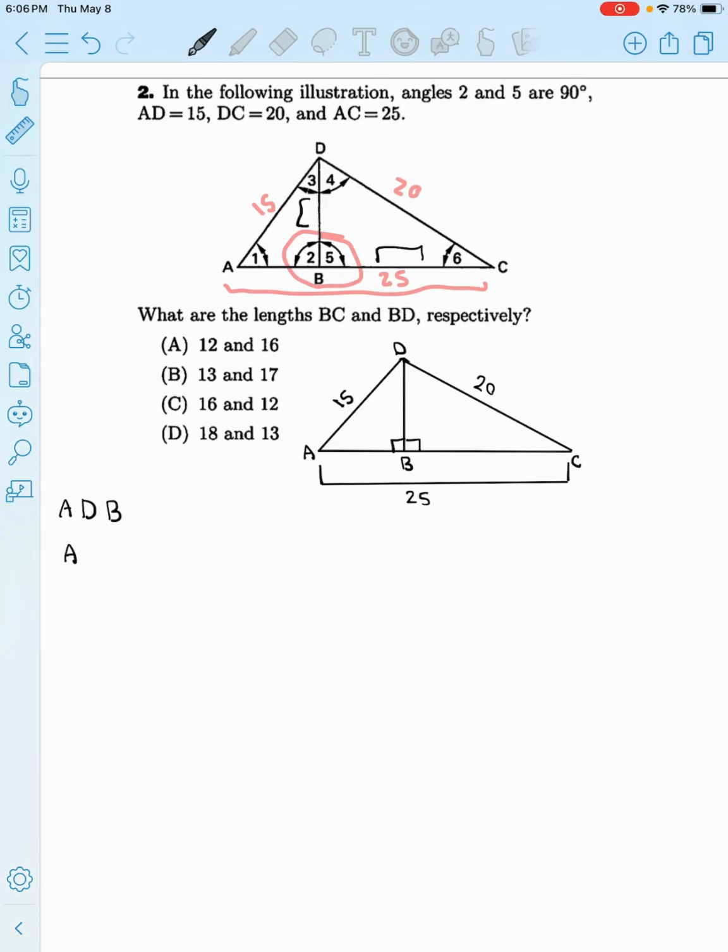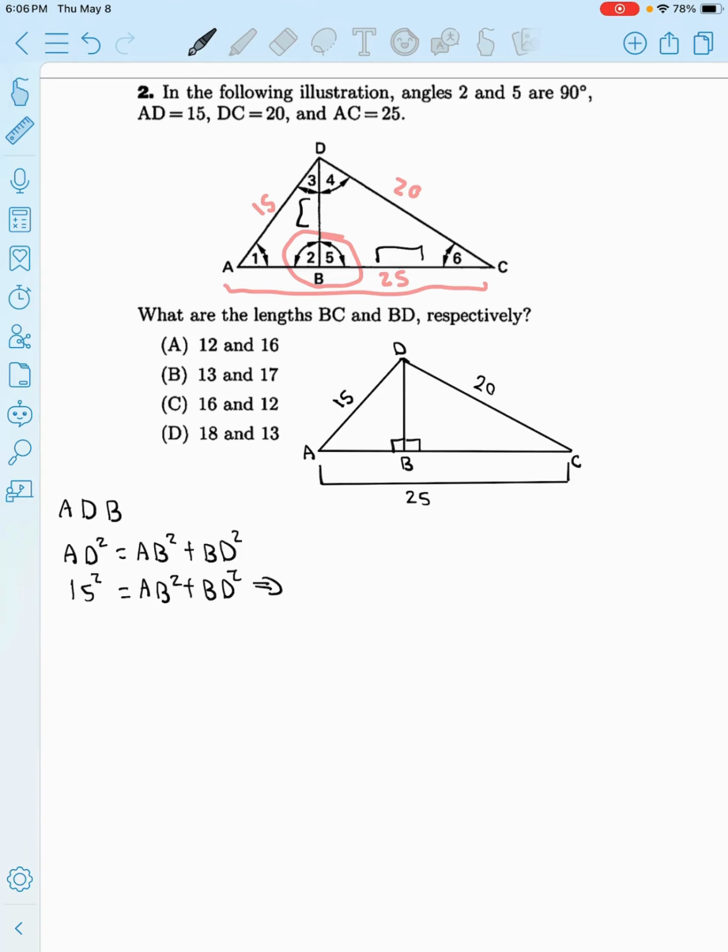We know that AD squared equals AB squared plus BD squared. It's always the hypotenuse equals the two sides, each one of them squared, and added. Okay, so we know that AD is 15, so we can make it 15 squared equals AB squared plus BD squared.